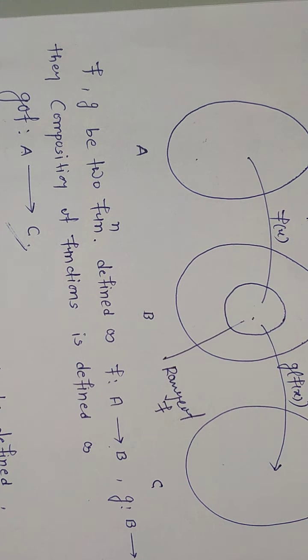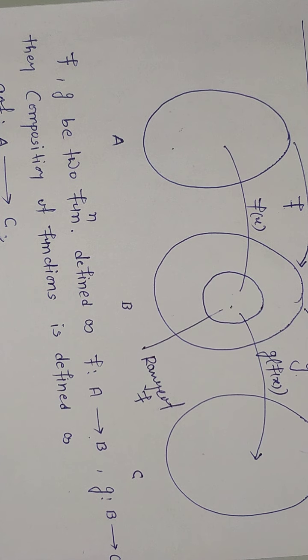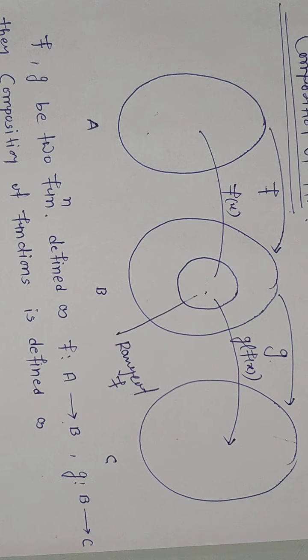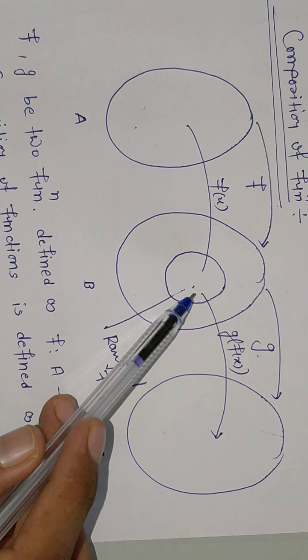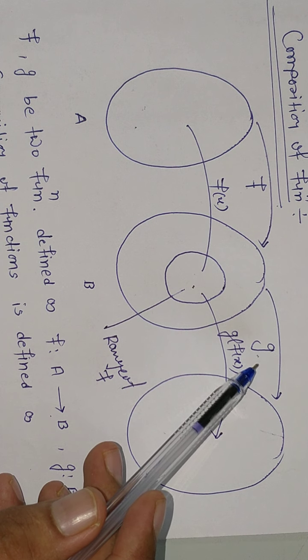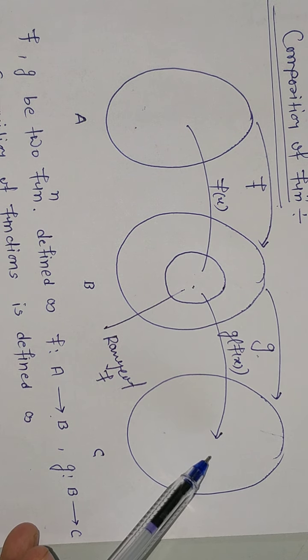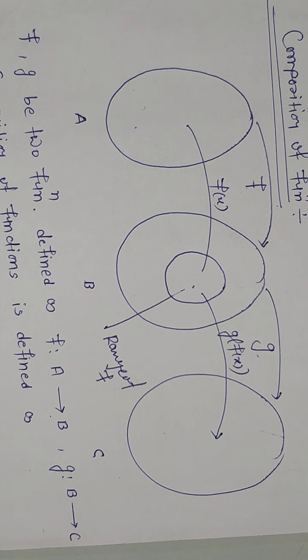That range lies in B. Now from that set of range, we again take the input values and apply another function g on that set of range in B, which is the input for function g, and we get some output in C. This is the particular idea of the composition of a function.